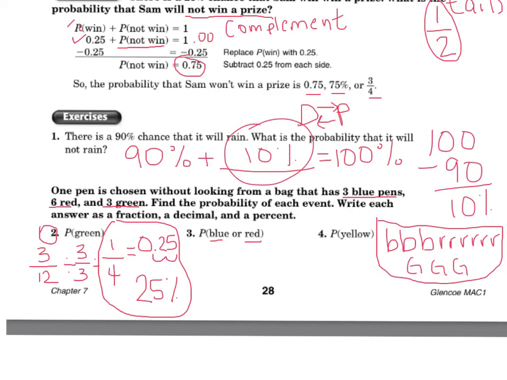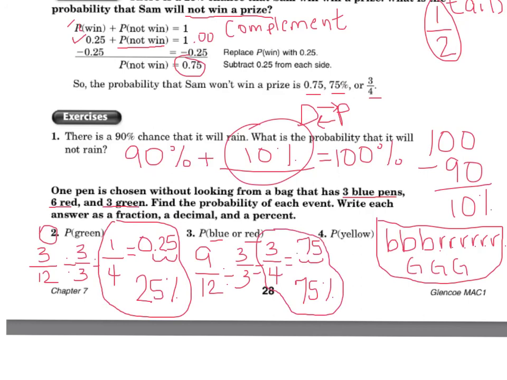There's 3 blues and 6 red, so that's 9 altogether. 9 out of 12. They have a common factor of 3. That leaves you with 3/4. Again, we have fourths. You should have those memorized. What's 3/4? 75 hundredths. And what percent is that? 75%. There's our fraction, our decimal, and our percent.